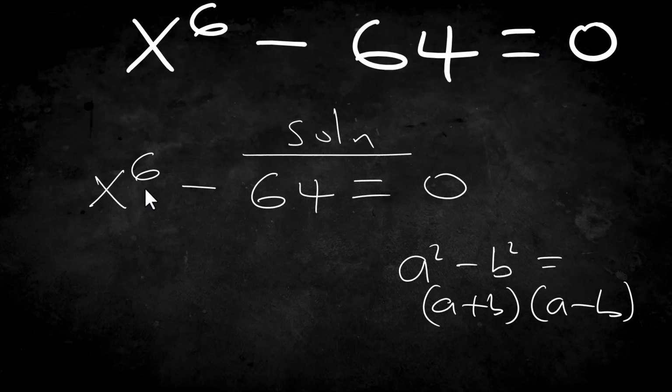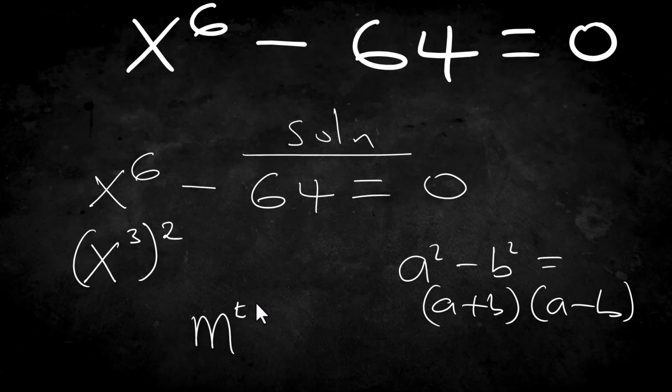So from here, we can write the power 6 as x cubed all raised to 2. Now when you're given m raised to t all raised to x, it is the same as m raised to xt.